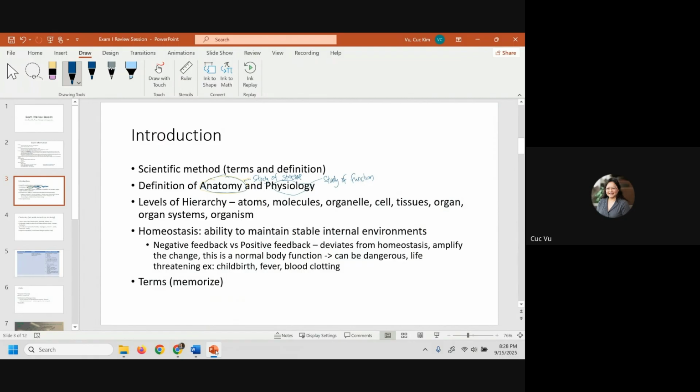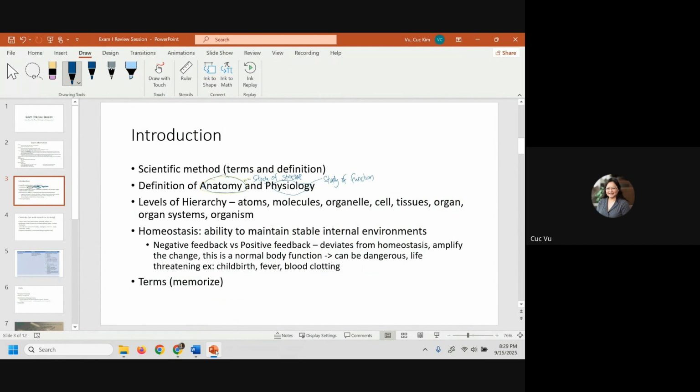Anatomy. Exactly. So on the test, I can ask you to regurgitate the definition. For example, anatomy is the study of structure, or I can have you apply it and say, if you're studying the movement of blood flow, which one are you using? Okay, so those are the ways in which I can ask the question. It could be a pure regurgitation or it could be an application.